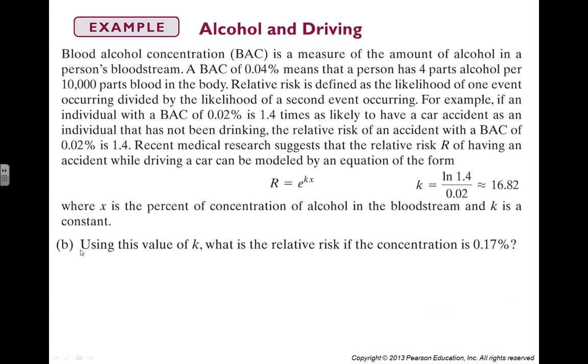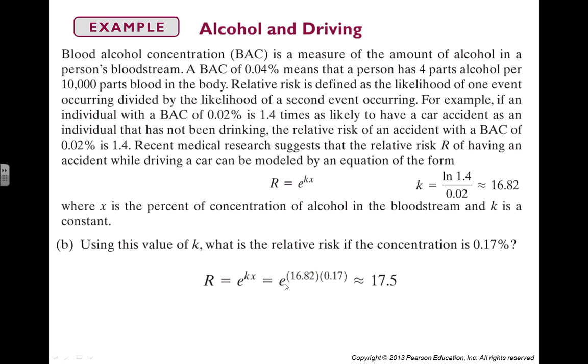Okay, so part B, using the value of k, what is the relative risk if the concentration is 0.17%? So we know k is 16.82. So we're going to go R equals e to the 16.82 times 0.17, and we get 17.5.